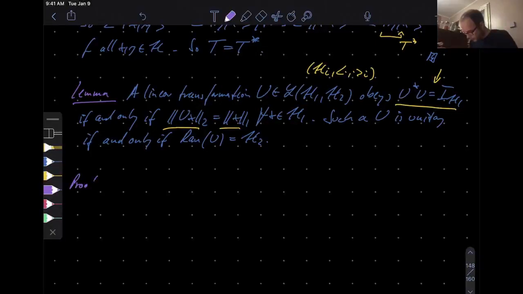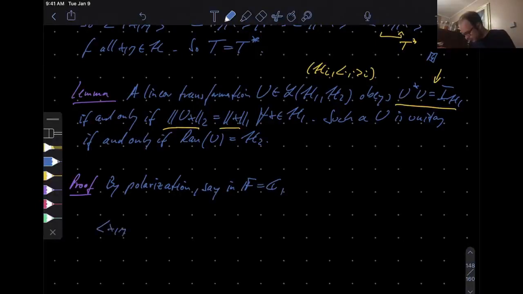Proof. Let me first write a statement and then explain it to you. So by polarization, remember the polarization identity, we actually proved it in the exercises, and it was stated in the lecture notes earlier on. There's two of them. There's one if the underlying field is the complex number field. That's the more complicated one that I will use here. Let's put the 4 on the left, otherwise we have to write a lot of quarters there.